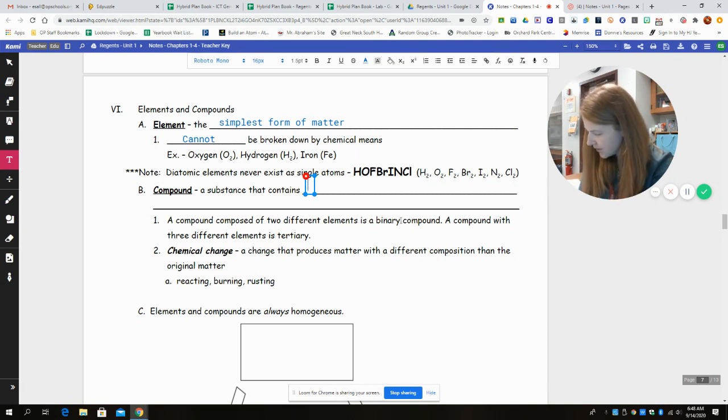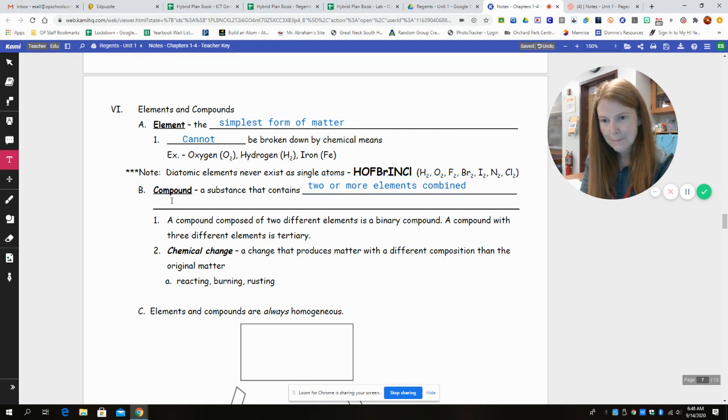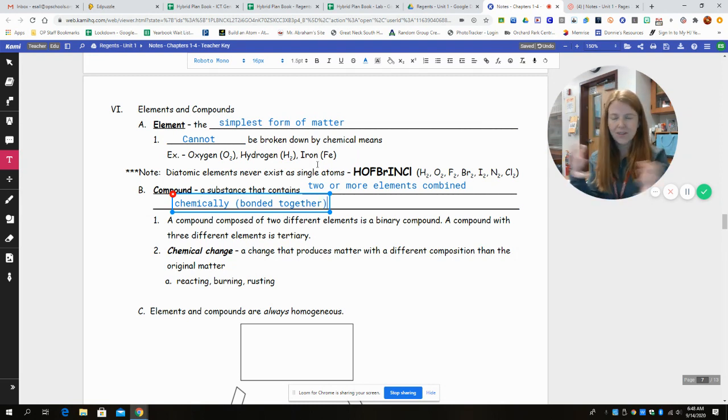Compound. A compound is a substance that contains 2 or more elements combined chemically, meaning they are bonded together. All right, they're not just mixed together where they're living in the same beaker.